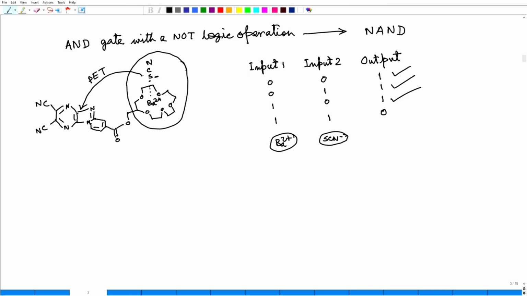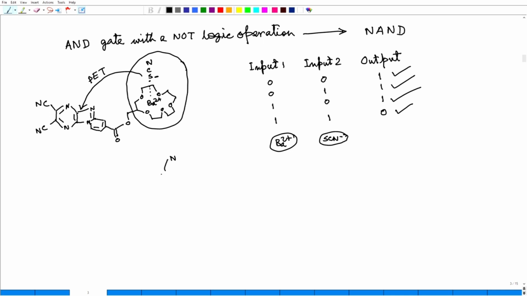And why will it go? Because of this cyanide. This cyanide attracts electron density towards itself. So, it has a very strong tendency to accept electrons wherever they are available. So, when it is coming here, from minus, PET will be possible. So, when both are present, output is 0. So, this gives an idea about NAND.